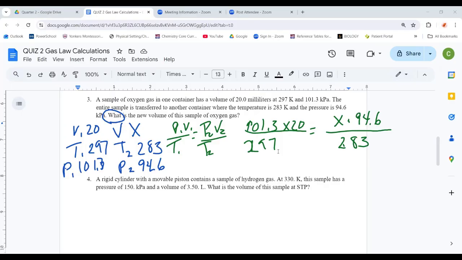So even though the temperature went down, I might be expecting that if the temperature goes down there would be less pressure or maybe the gas would not take up as much volume. The pressure also dropped. My pressure and my temperature dropped. So actually, I'm expecting that this is going to take up a little bit less volume. I don't know how much less.